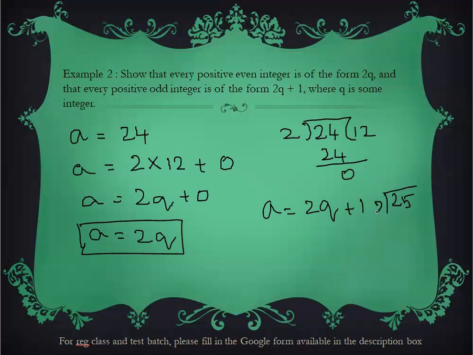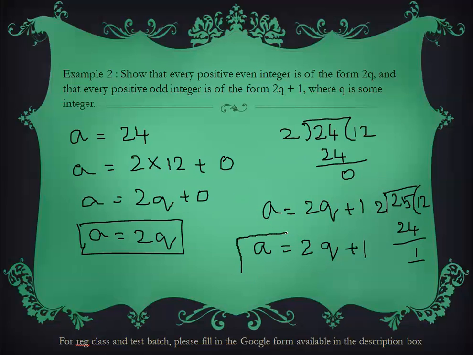When it is divided by 2, it gets a quotient 12 and leaves a remainder 1. So a, being any positive odd integer, is divided by the divisor 2. It gives you some quotient, here it is 12, and that leaves a remainder 1.